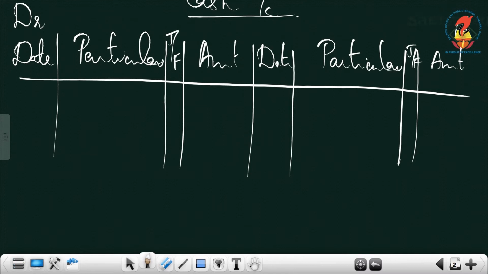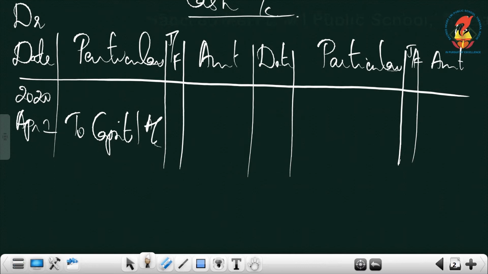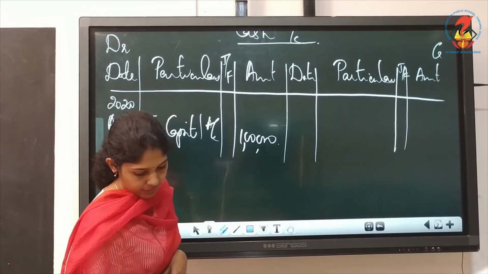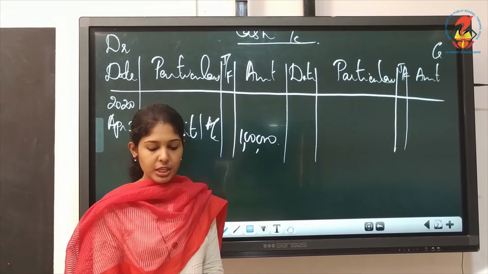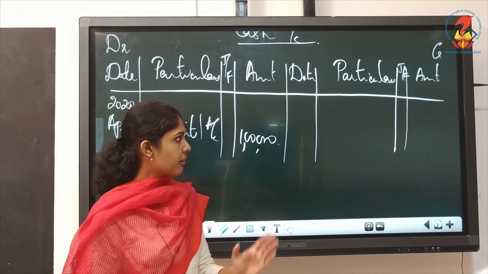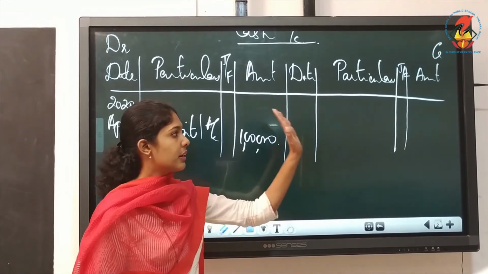Okay, first one is cash account debtor to capital. So 2020 1st April, you write to capital account. The amount is 1 lakh. Then April 2nd we have cash. That means cash is getting credited. Everything must be written on the credit side.